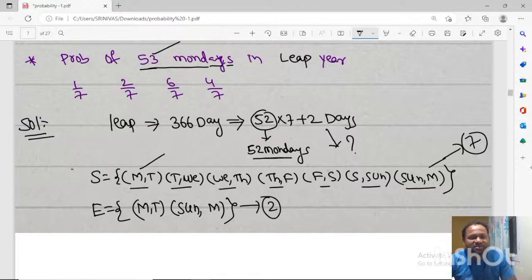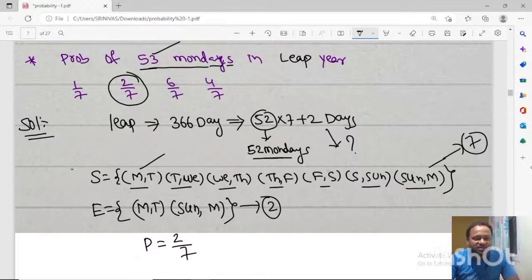Guess what will be the probability? Yes, you are correct. The probability is 2 out of 7. Required probability is 2 out of 7.